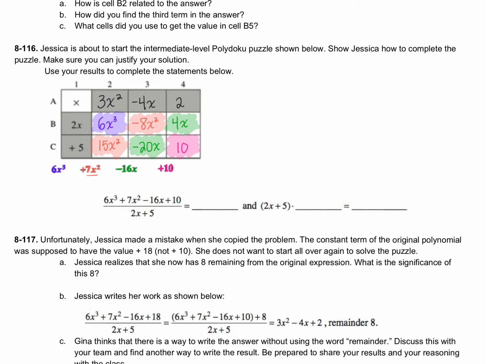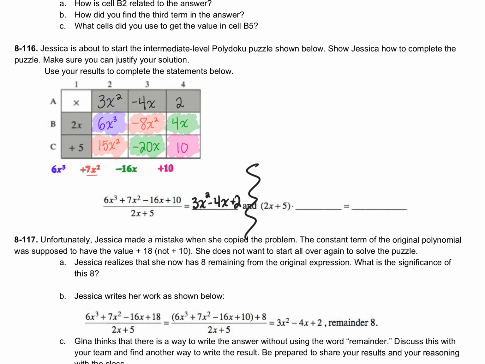So when we do that, we get the factor you see up above, 3x squared minus 4x plus 2. So this is equal to this. And another way of writing that, and that's what they're doing here, there's really two different statements happening. Another way to write that is a way that we're used to seeing, which is to take 2x plus 5 and multiply it by this to get that product.